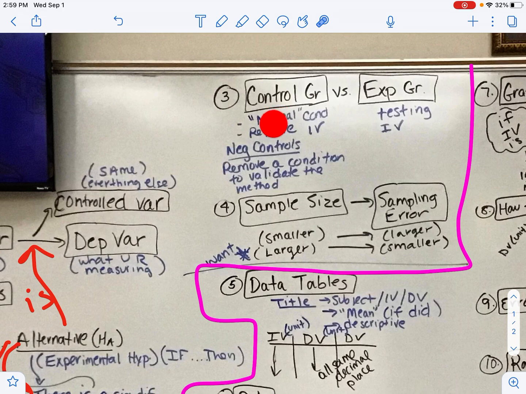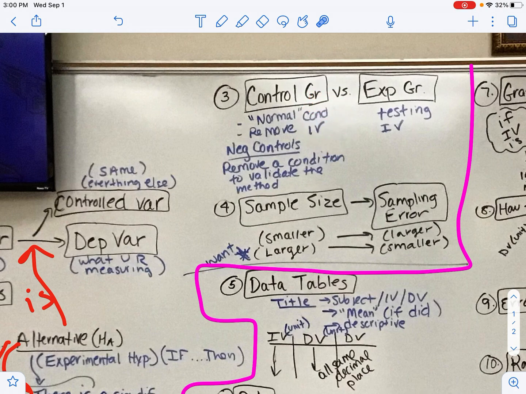So in that case, try to think of what the normal condition would be. Like maybe you would look up for that plant what the normal temperatures are that it lives at, or sometimes we just say room temperature is always the normal condition for temperature. If you're testing, let's say, different types of fertilizers in your experimental groups, then your control group is easy to remove.